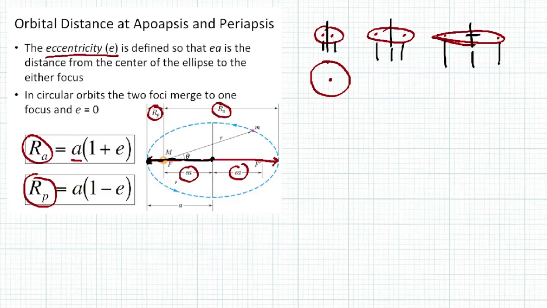And again, this eccentricity is right in here. If we wanted to factor in this A, it would look like this. Our aphelion radius, it's already been factored out. Let's distribute the A. It would be A plus A times the eccentricity. And the perihelion or periapsis radius would be A minus A times the eccentricity.